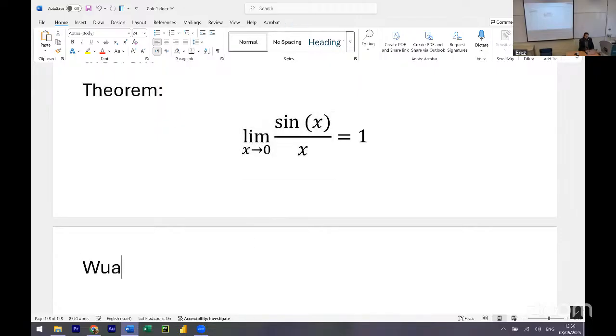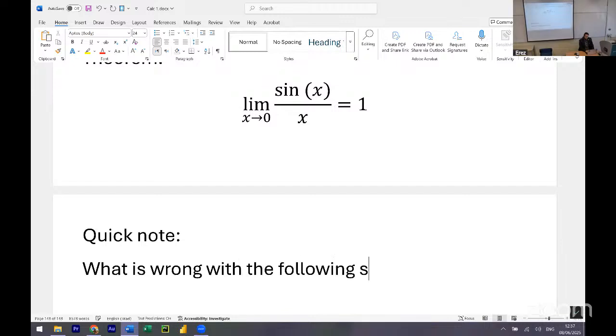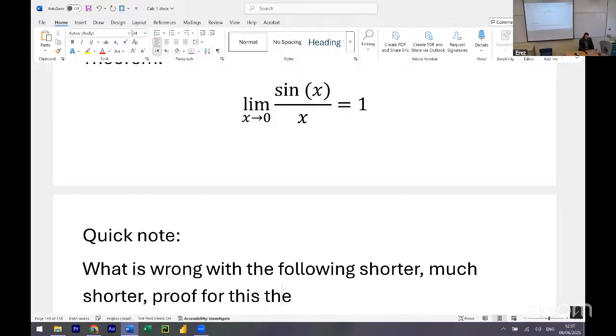Quick note. What is wrong with the following much shorter proof for this theorem?